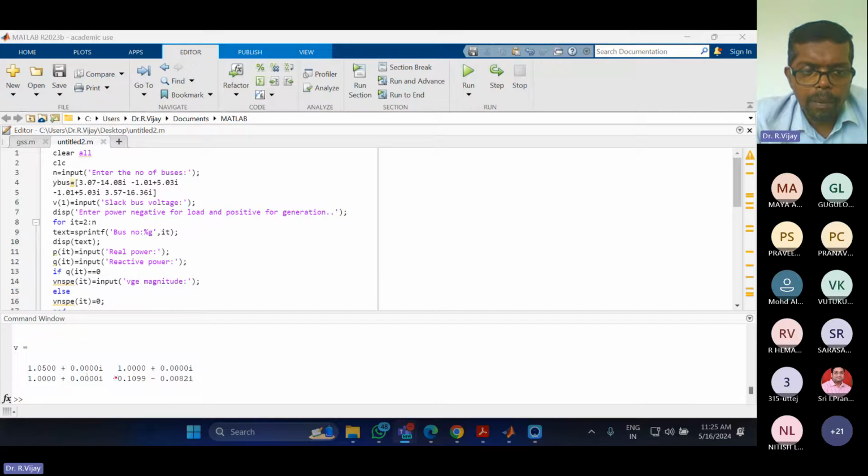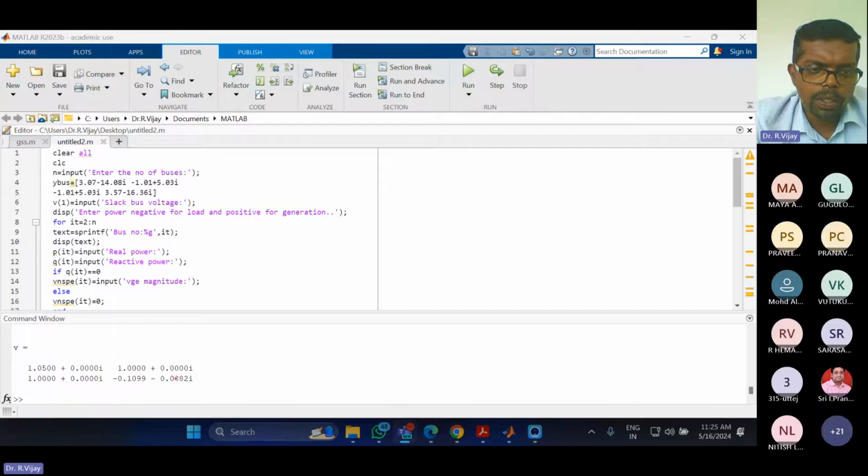So by giving the voltage as 1.05 plus 0.1i, that is in per unit, at the receiving end you will get the value as minus 0.1099 minus 0.0082i. So that is somewhat of a change in the phase angle, and somewhat of a change in the voltage also. But it is approximately nearer to 1.